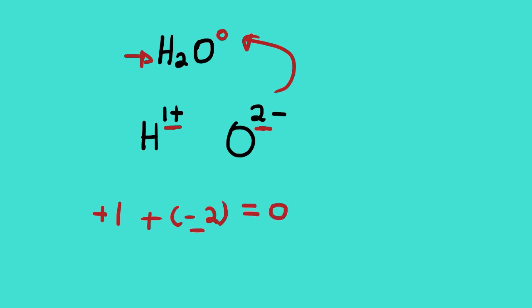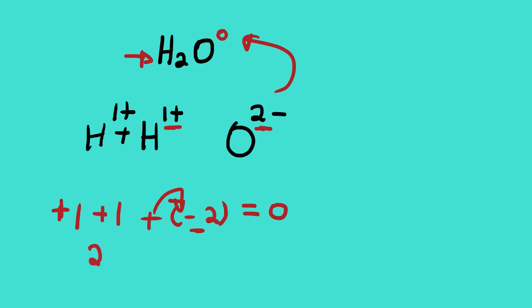In this case, 1 minus 2 will give us negative 1, which is not equal to 0. So what can we do on the left hand side to obtain this 0? We can add another hydrogen atom, meaning that we are going to have 2 times 1 plus.